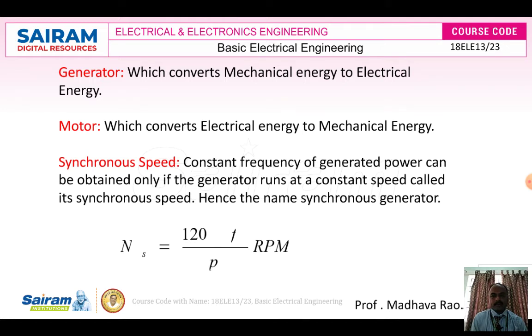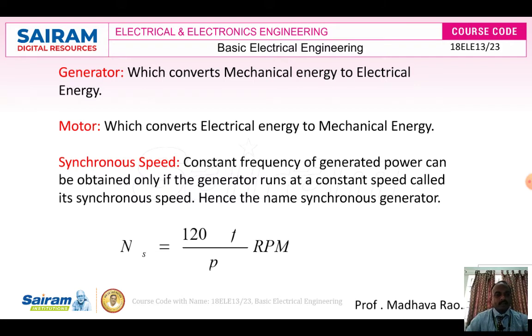Coming to the synchronous speed, here we are calling the generator a synchronous generator. Why? Because this generator works at the synchronous speed. A constant frequency of generated power can be obtained only if the generator runs at a constant speed, called the synchronous speed. Hence the name synchronous generator.